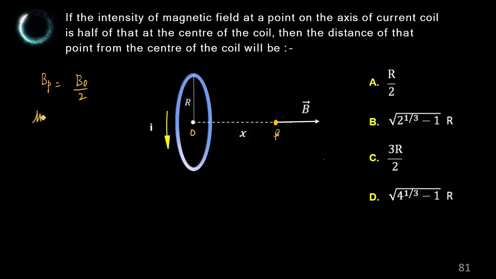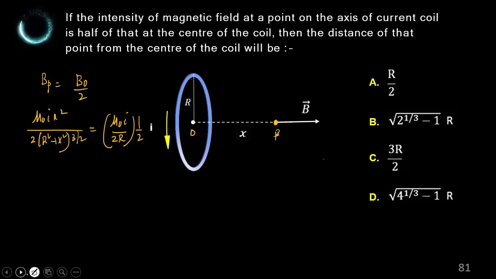The formula is mu naught I R square, where R is the loop radius, divided by 2 times R square plus X square whole to the power 3 by 2. That is B at point P, and that should be equal to B at O, which is mu naught I by 2R, whole divided by 2.